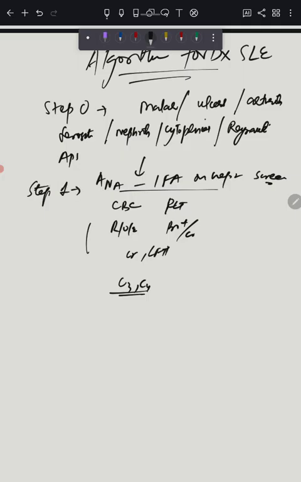That was step 0, when you suspect it because the patient has a symptom or sign cluster, then step 1. Now comes step 2.